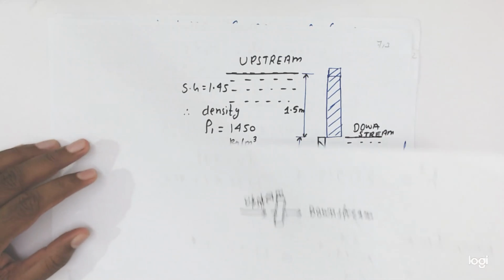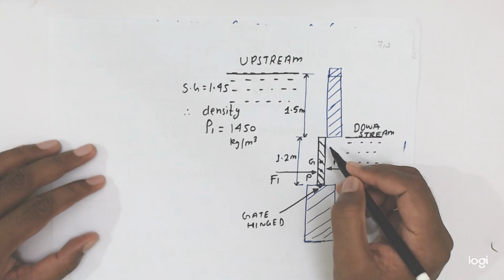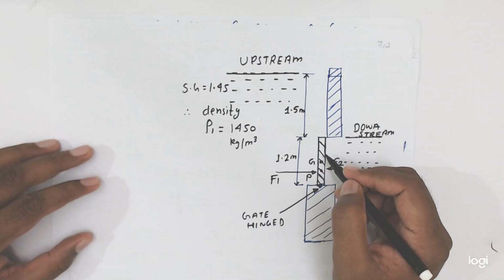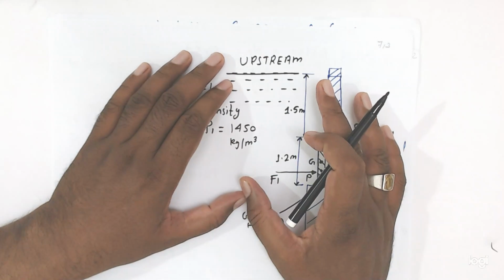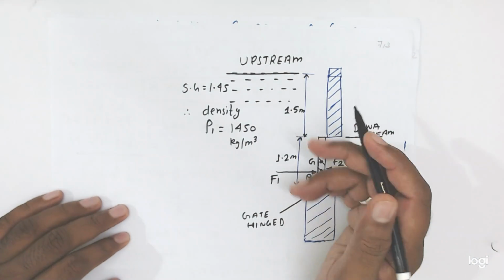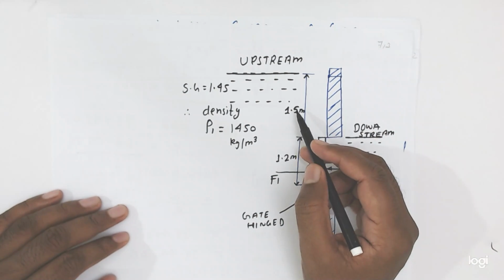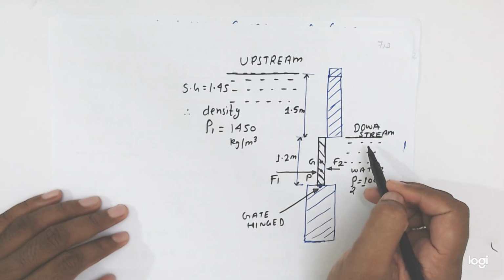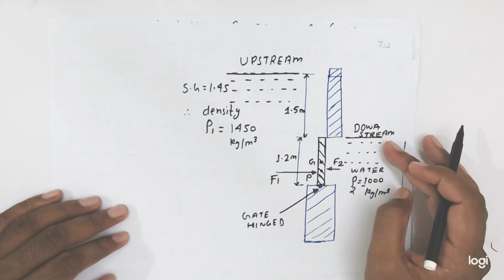Now here, since gate is closed, then liquid will store in this part, and when it will be open, then liquid will flow from this side to this side. So this is the upstream, this is the downstream.